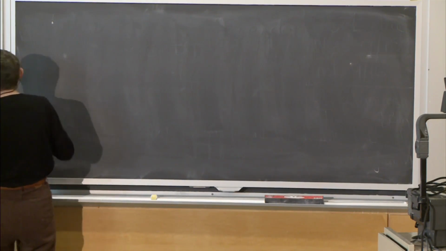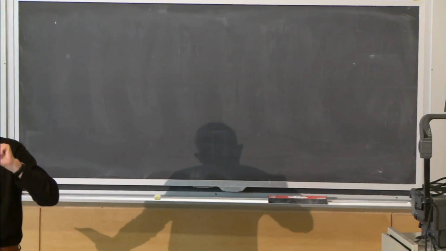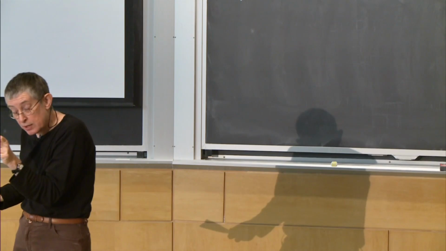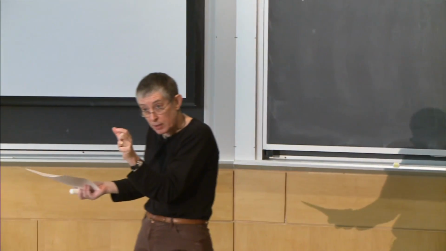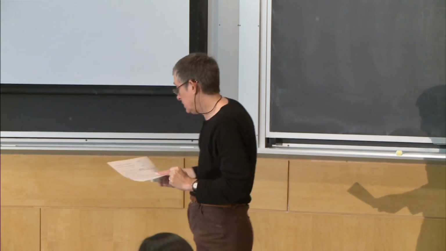So as I pull on my bar in the x direction, it's getting narrower in the y direction, and I haven't drawn it because I can't draw into the bar, but it's into the board, but it's also getting narrower in the z direction. Okay, so if it's isotropic, it's getting narrower by the same strain in the z direction as it is in the y direction.